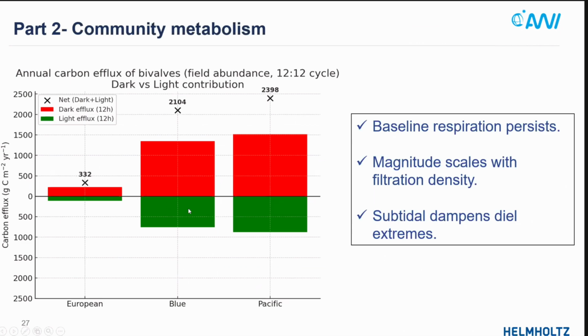In the case of the dense mussel bed, they show higher per area respiration because obviously their density was high. Pacific oysters show strong efflux of carbon dioxide because their size was larger, so they generate more carbon dioxide. European oysters exhibited a steadier production of carbon dioxide, which was lower per area efflux under subtidal condition when compared to blue mussels or Pacific oysters.